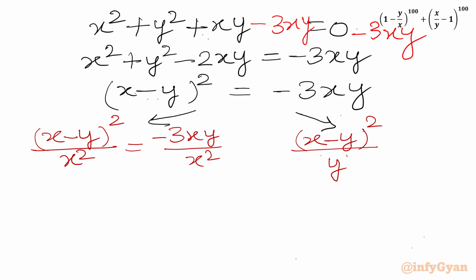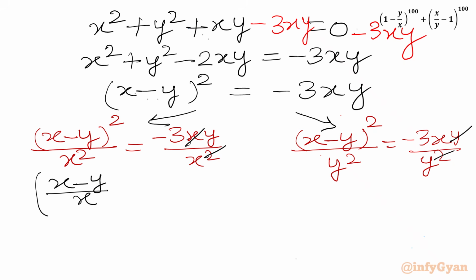So this will be equal to minus 3xy over y square. So I can cancel x with x, y with y, and I will write here (x minus y over x) whole square equal to minus 3y over x.